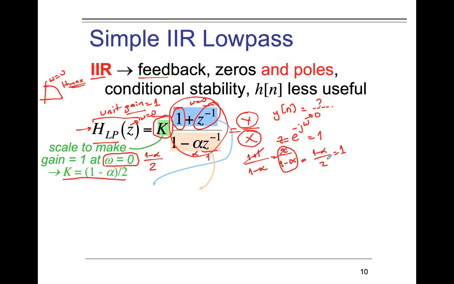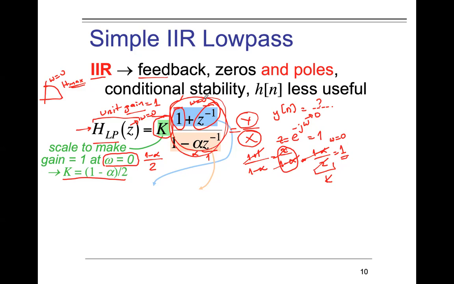This will be cancelled out, this will be cancelled out, and I will have 1. So for omega equals 0, K times this will give me 1. That's why I'm writing K as 1 minus alpha divided by 2.